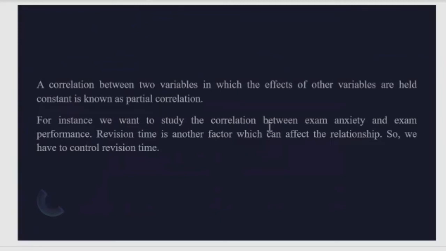If I want to study the relationship between exam anxiety and exam performance, and there is another factor, revision time, which can affect the relationship, we can control revision time and see the relationship between these two variables. So, what do we have to do?